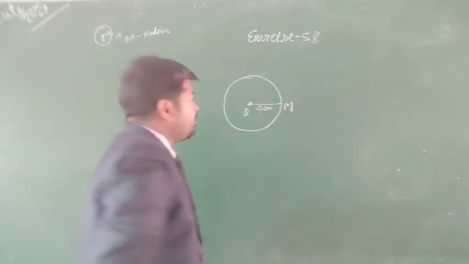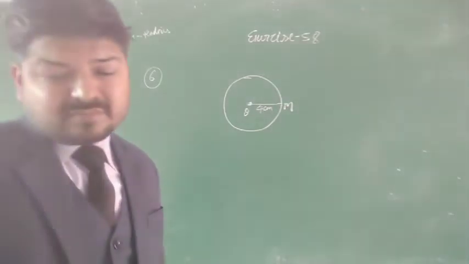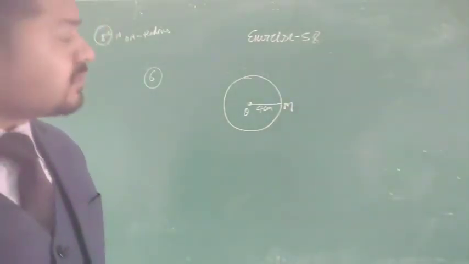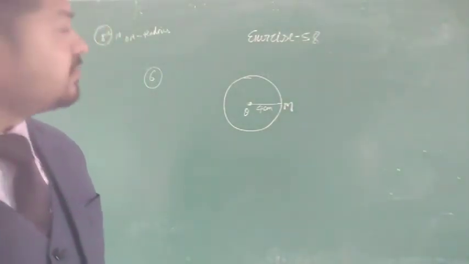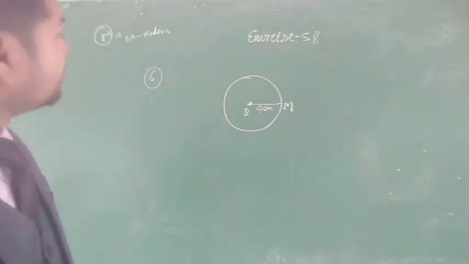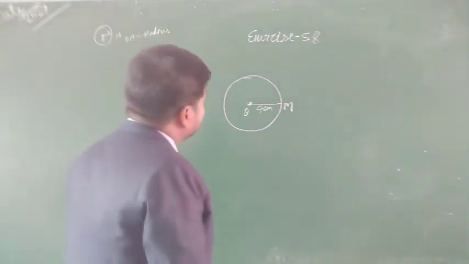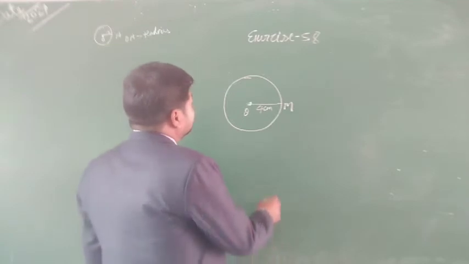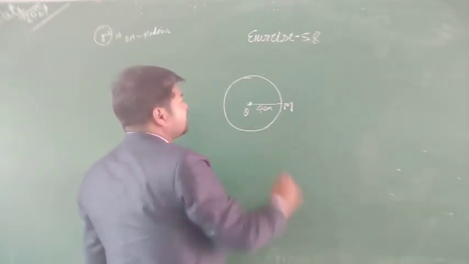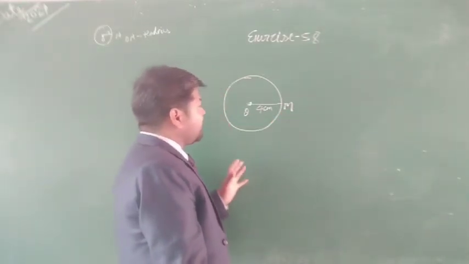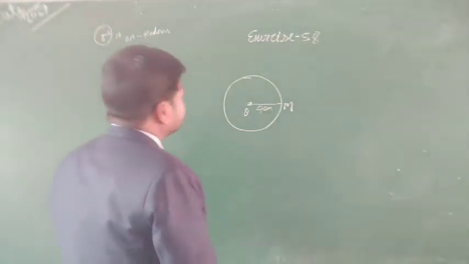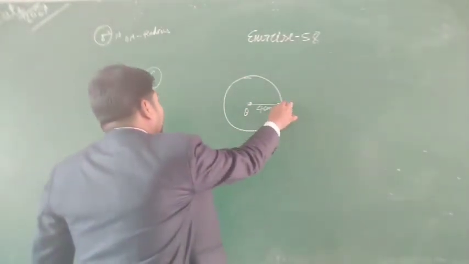So radius will be OM. You have to draw a chord here. So this is the first figure. Now you have to draw a chord also.